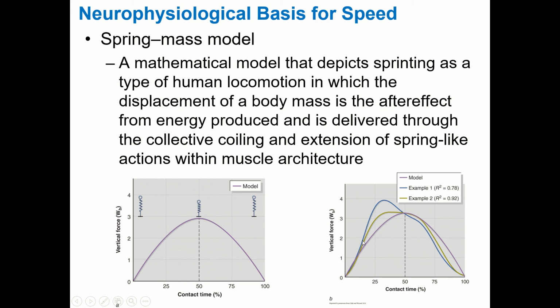But in somebody who is a non-elite sprinter but still pretty fast, so think about your soccer players, maybe your basketball players, their force production is more symmetrical from heel strike to mid-stance compared to mid-stance to heel off part of the stride. Again, I don't know if that's really useful for you in designing a strength program or in helping understand speed, but now you have too much information.